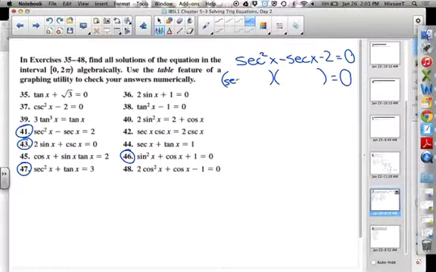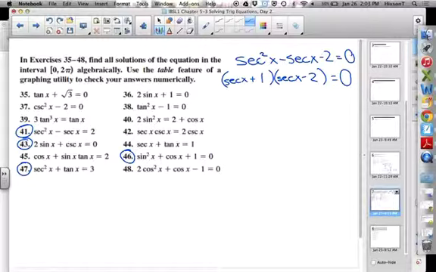So we're going to have secant x and secant x. I know the signs have to be different so that I can get a negative on my last term there. And the only way to factor 2 is 1 and 2. So I just need to do it in a way that makes sure I get a minus 1 in the middle. So I'm going to get a minus 2 and a plus 1 to get my minus secant in the middle. Alright?